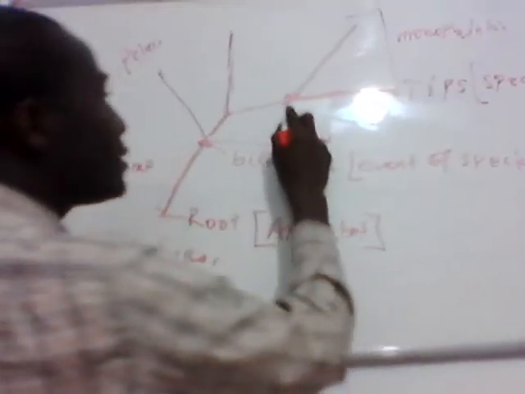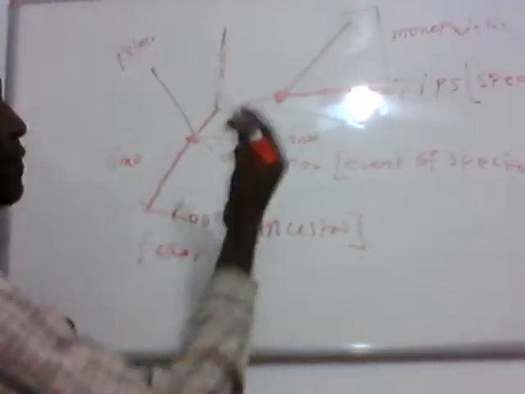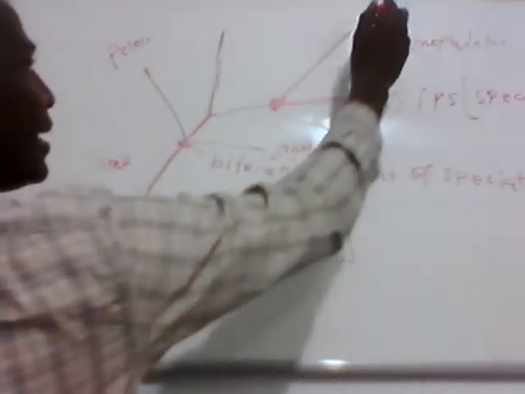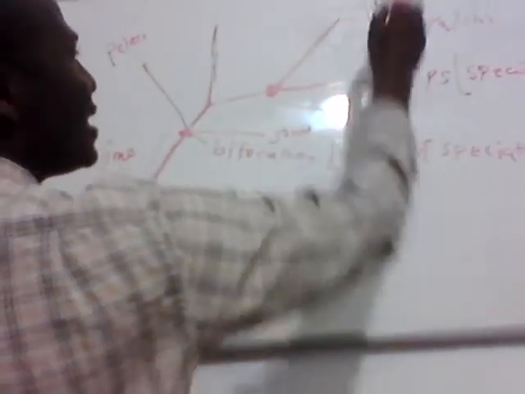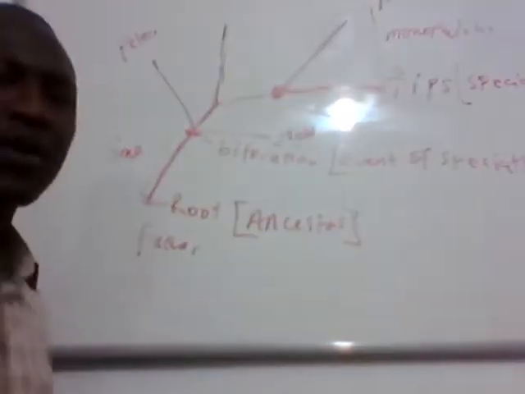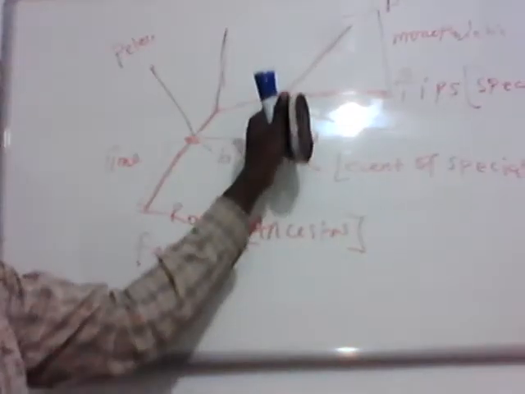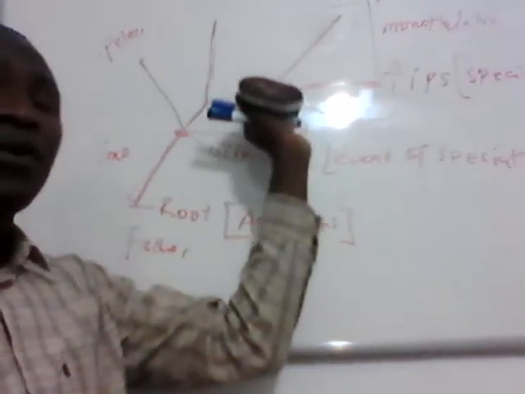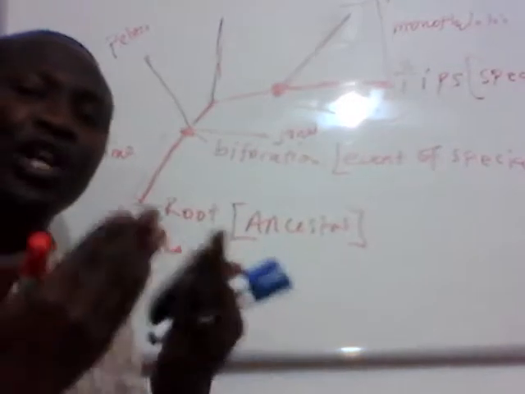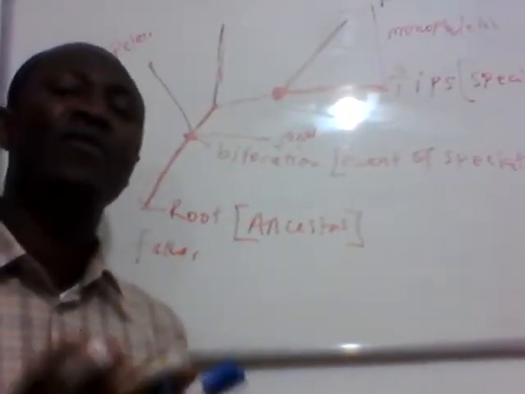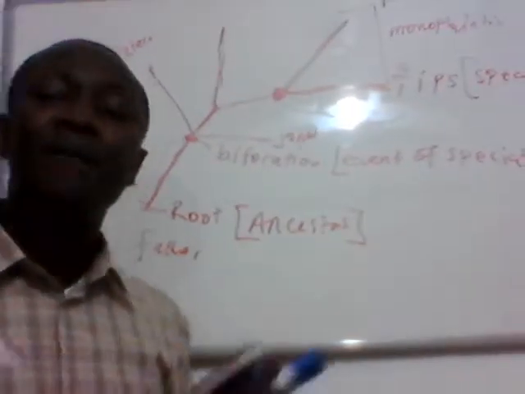If you consider this point here, we can comfortably say that P and Q are monophyletic groups since they have emerged from the closest common ancestor here. They share their closest common ancestor. They have all radiated from a single father.